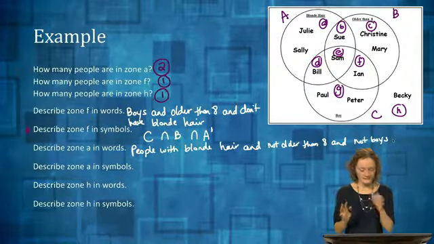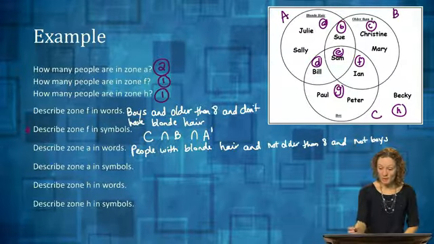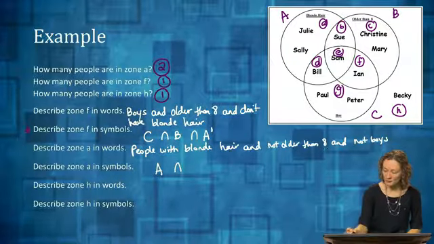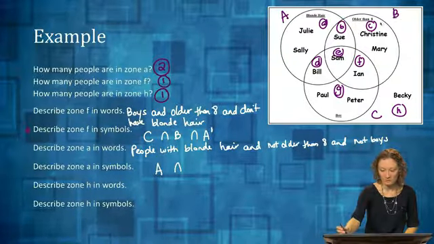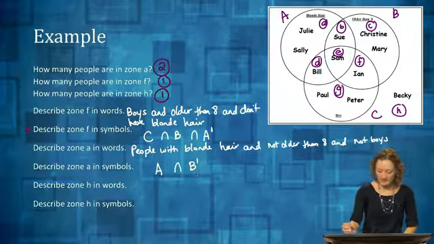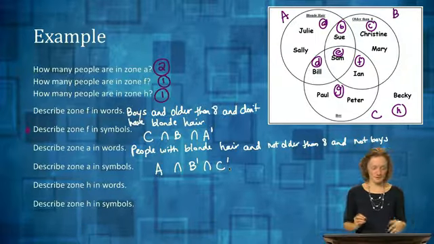These are really basic sentence translations to be able to convert to symbols. So people with blonde hair is set A, and not older than 8, so B is older than 8, not B is B complement, and not boys, so and, set C is boys, so and not C.